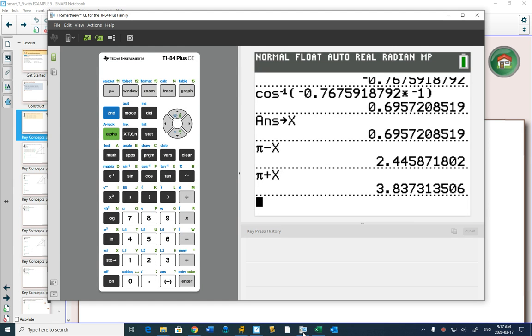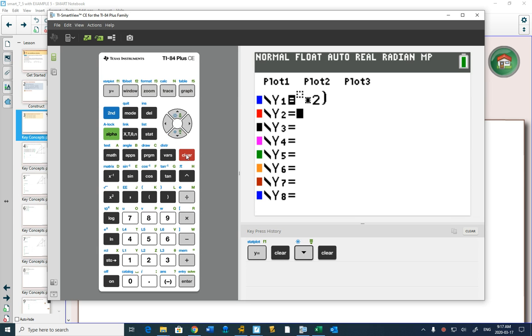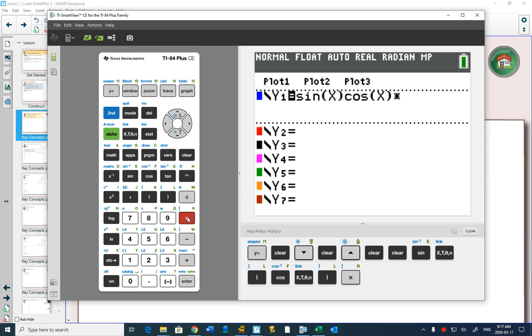So if I go to my calculator here and clear everything out, and I wrote sine x cos x plus sine x.